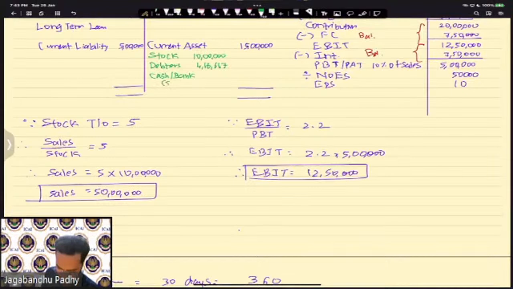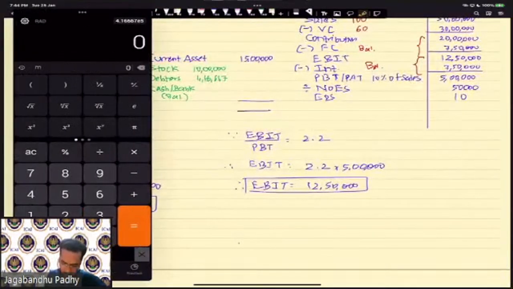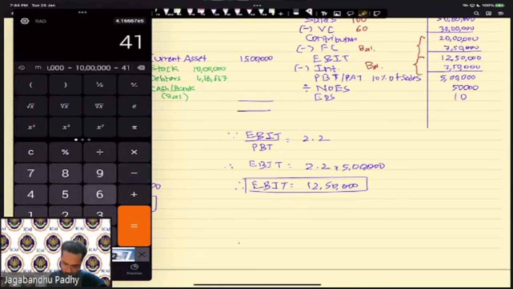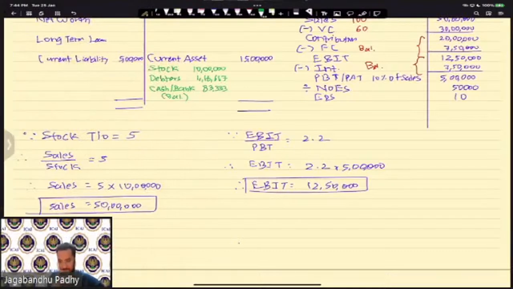Cash bank will be definitely the balancing one, because the total of current asset is 15 lakh. So adjusting for that, 15 lakh minus 10 lakh minus 4,16,667, cash or bank balance is 83,333.